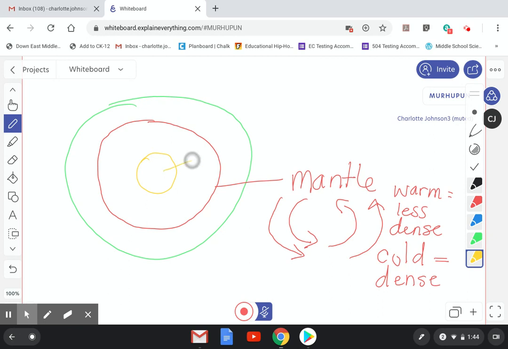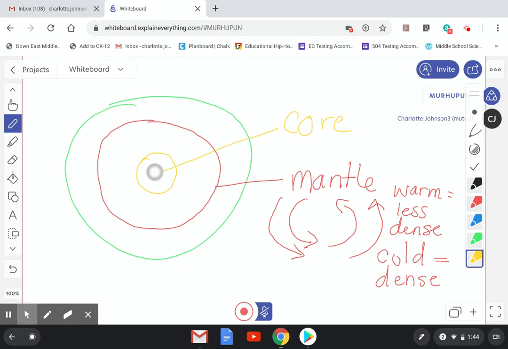So moving on from the mantle, we have what we know as the core, essentially the center of the earth. This core is mostly iron metal, and it makes up around 30% of the earth, and it is made of a solid inner layer and a liquid outer layer.